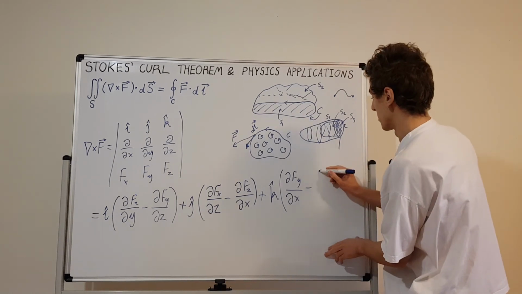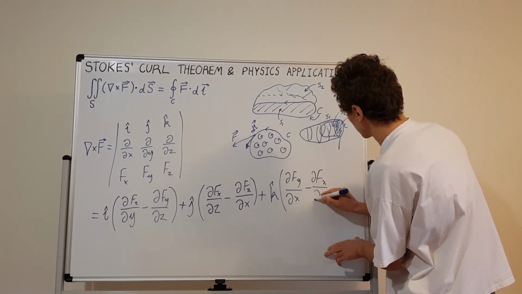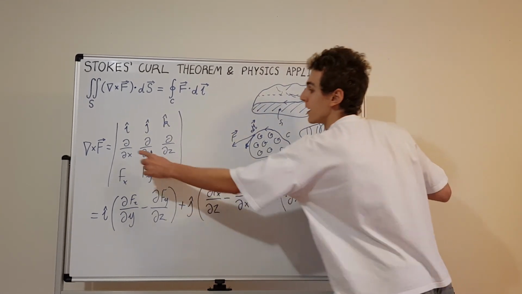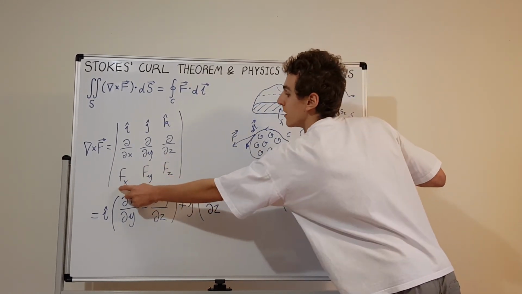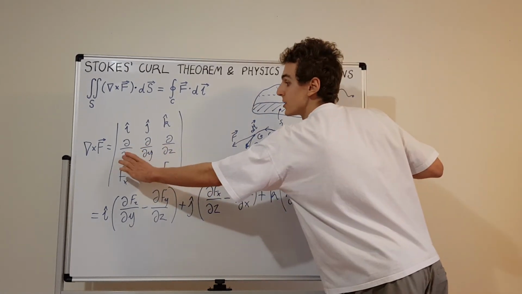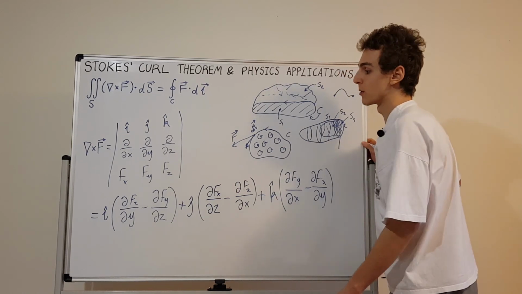So we're going to take fx, and we'll take the partial derivative with respect to y. And let's see if we've done the right thing. This guy is associated with that, and this guy over here is associated with that guy. Right? And we take these guys first, and then we take those guys. So that's the procedure for taking a determinant of a 3x3 matrix.